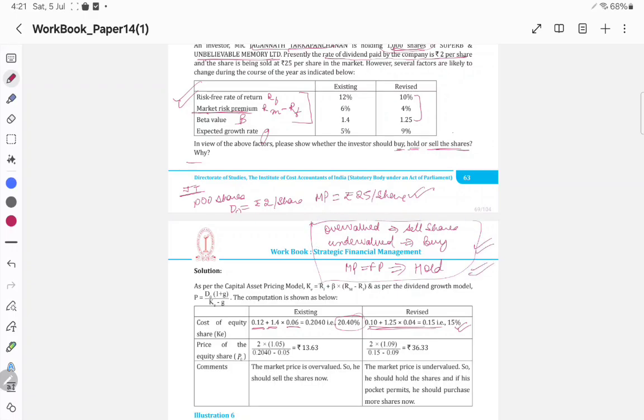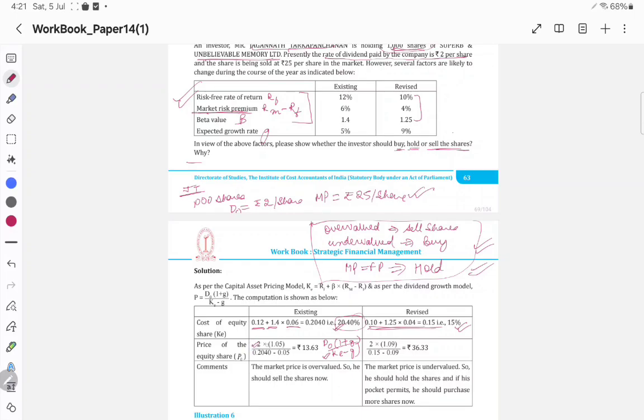So we have to calculate price. How will you calculate price? Similar formula, D0 (1 plus G) by KE minus G. KE you have already calculated over here. D0 was given in the question, it was basically 2.